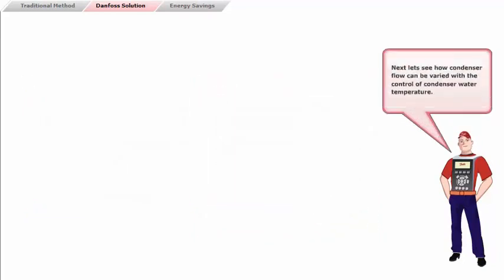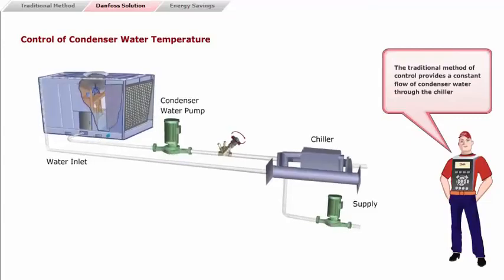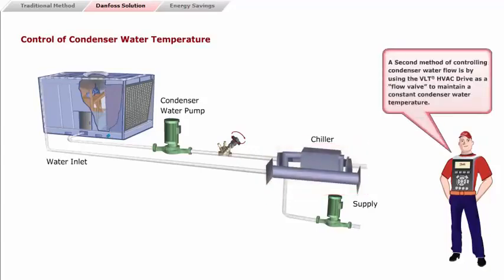Next, let's see how condenser flow can be varied with the control of condenser water temperature. The traditional method of control provides a constant flow of condenser water through the chiller. A second method of controlling condenser water flow is by using the VLT/HVAC drive as a flow valve to maintain a constant condenser water temperature.